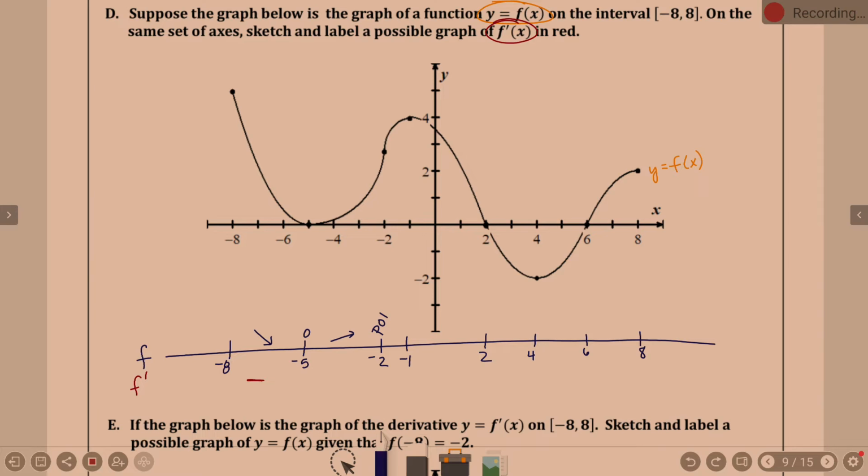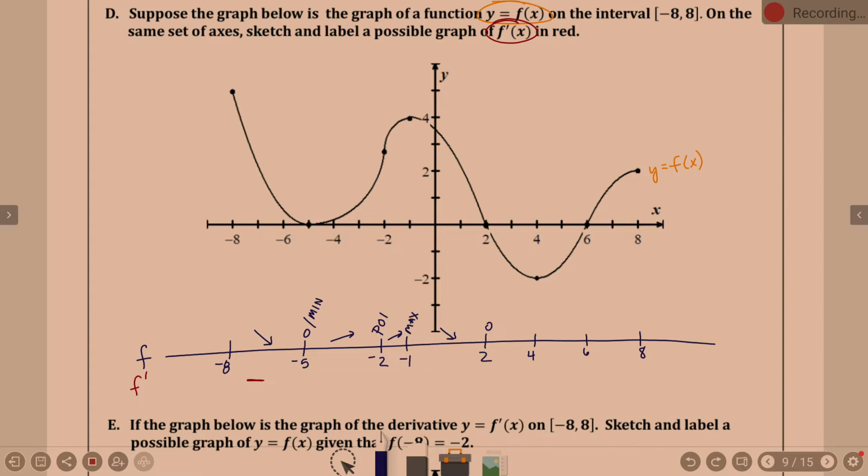From negative 2 to negative 1, my graph is still increasing. We could talk about the fact that negative 1 is a max. Back here at negative 5, besides being a 0, it was also a minimum, right? From negative 1 to 2, my graph is decreasing. 2 is also a 0.